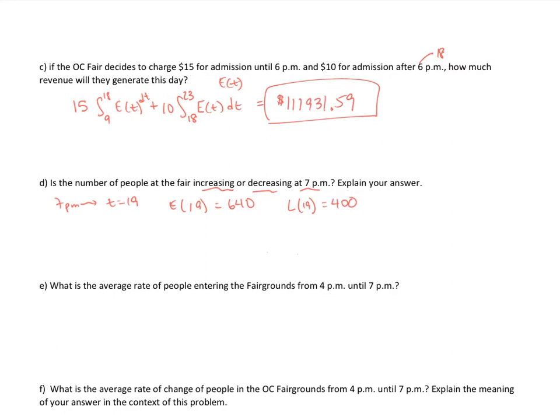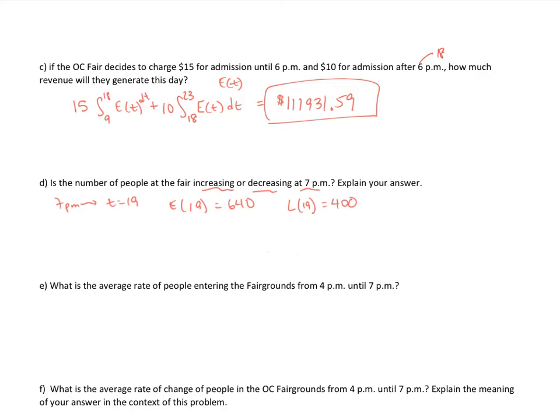So why did I do that? Well, remember, E of T is the rate of people entering. L of T is the rate of people leaving. So now I want to compare, are there more people entering at this rate or leaving? Because that way I'll know, are we increasing or decreasing?